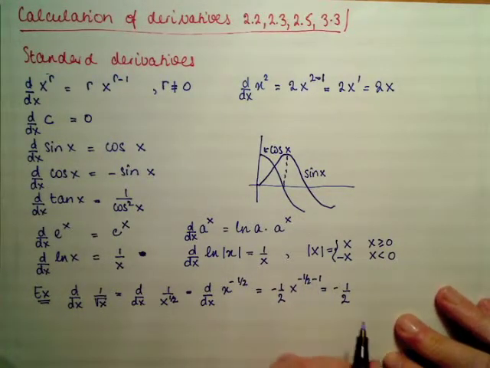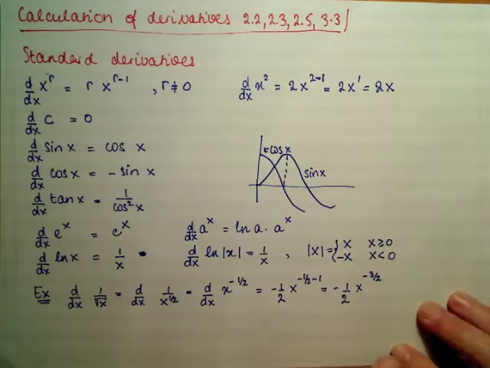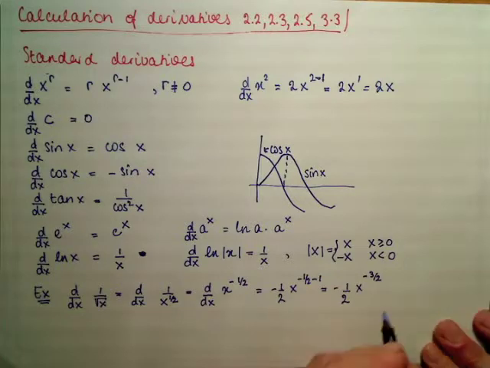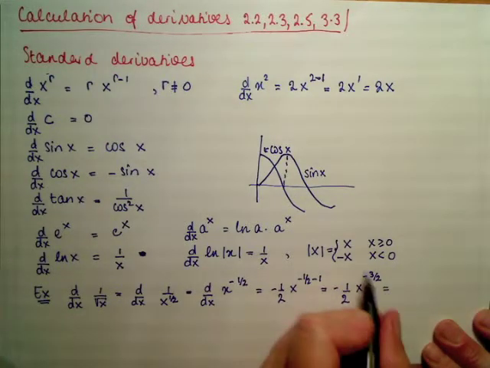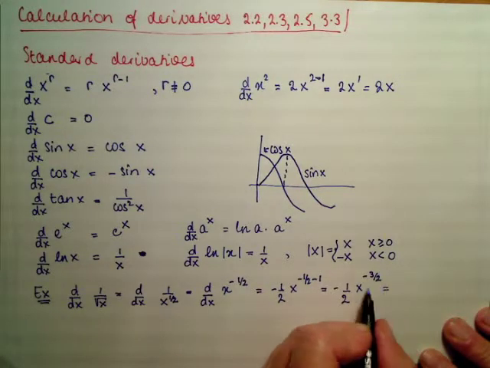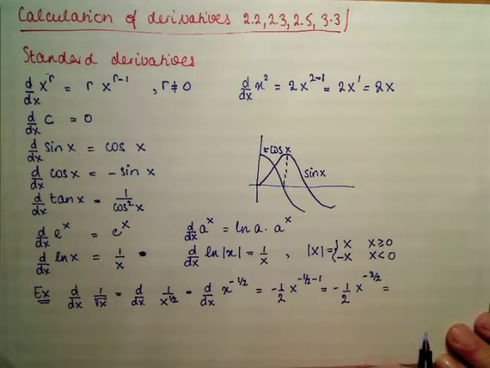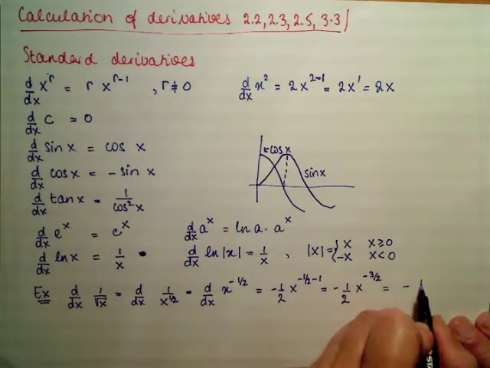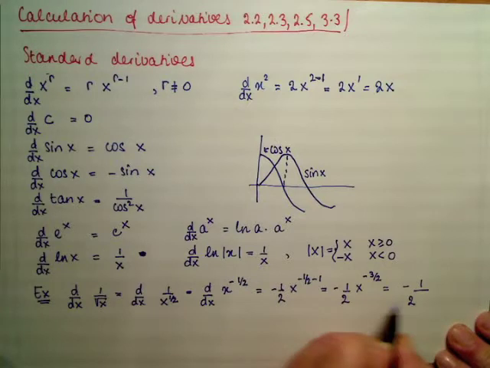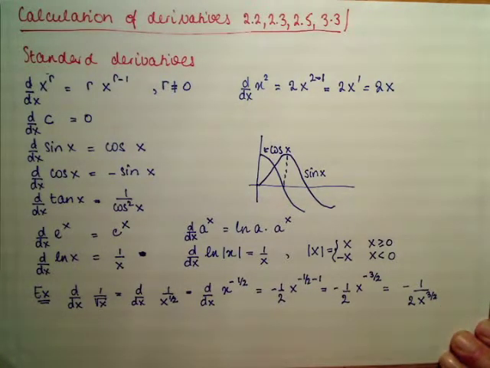Minus 1/2 minus 1 is equal to minus 3/2, so x to the power minus 3/2. You can leave it like this, but you can also rewrite it a little by putting this negative power into the denominator, deleting the negative sign. So we get minus 1 over 2 multiplied by x to the power 3/2.